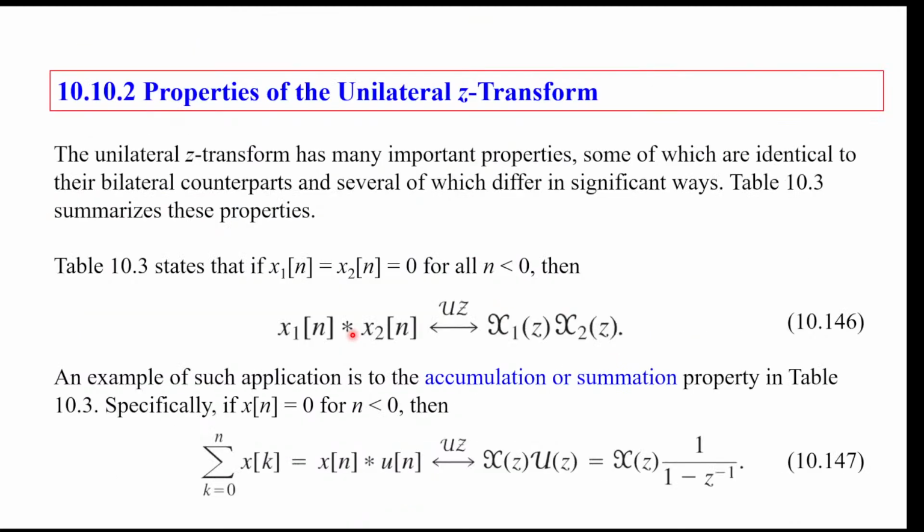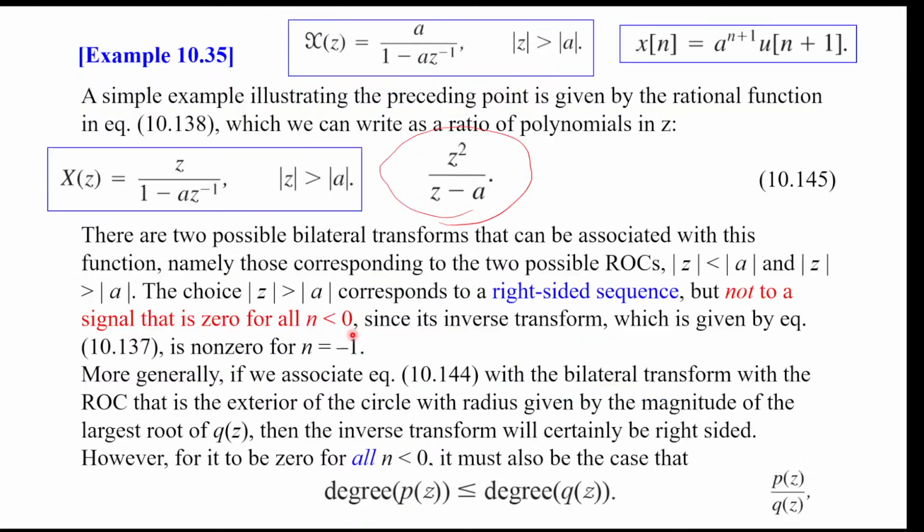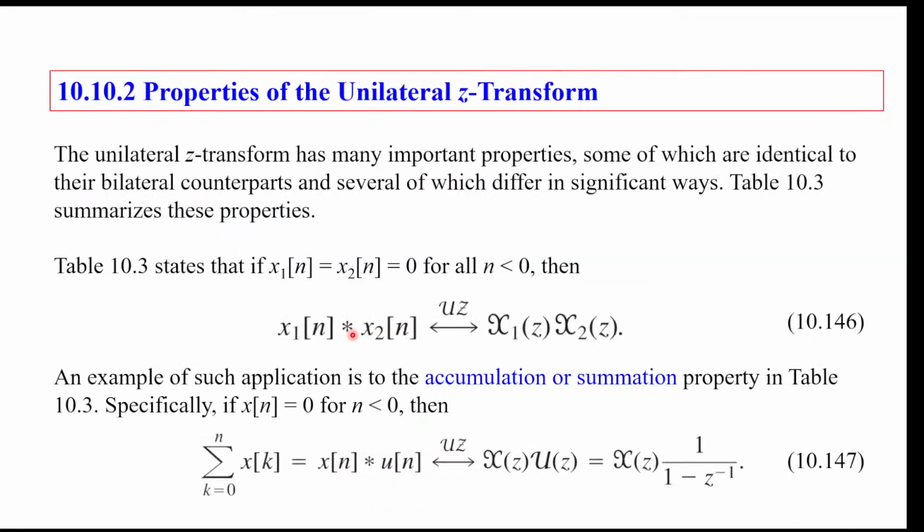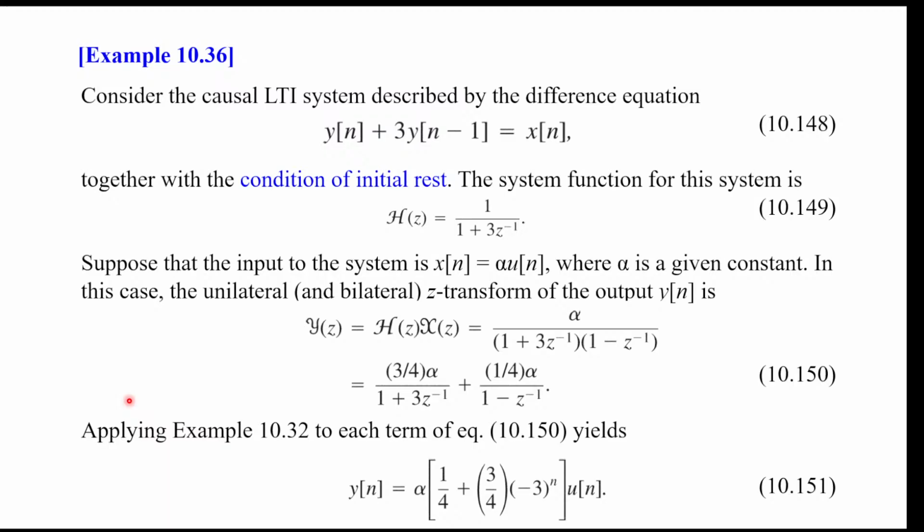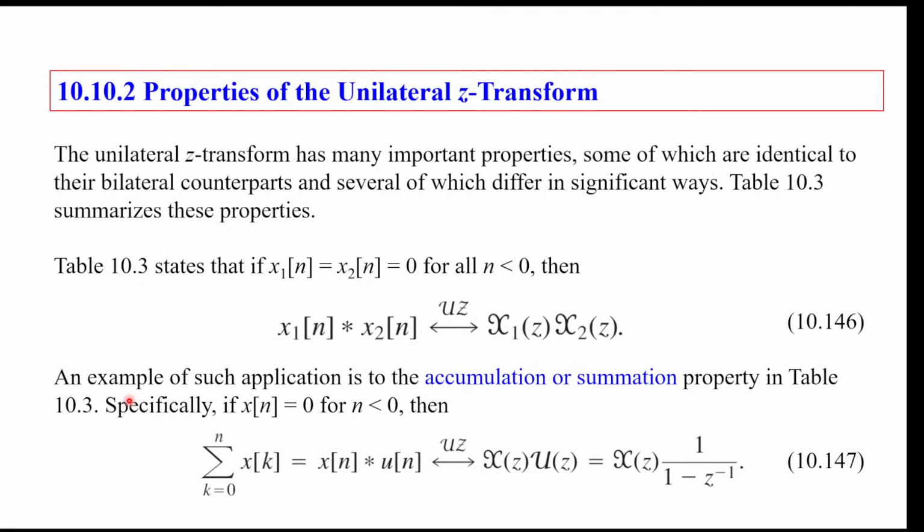Then we go to the properties of the Z transform, but we actually skip most of them. We'll put a Table 10.3 to summarize them, but I think we forgot to put it in the slides, so I will update the slides later. Most of them are similar to the bilateral Z transform.